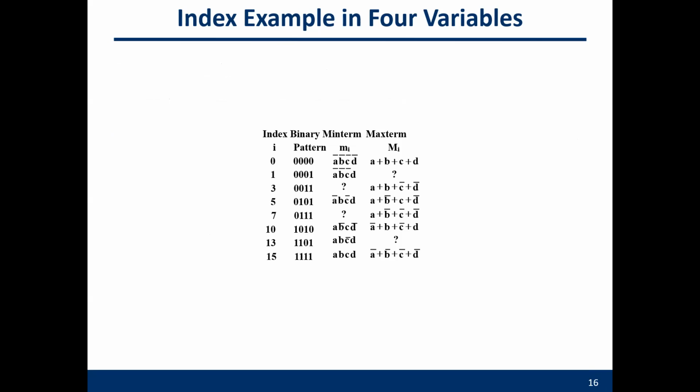So here is some example. In this table, when the index is a 1, we have the minterm. How can we have the maxterm? We can apply the De Morgan law. We can always apply the De Morgan law to convert the minterm to the maxterm and the maxterm back to the minterm.